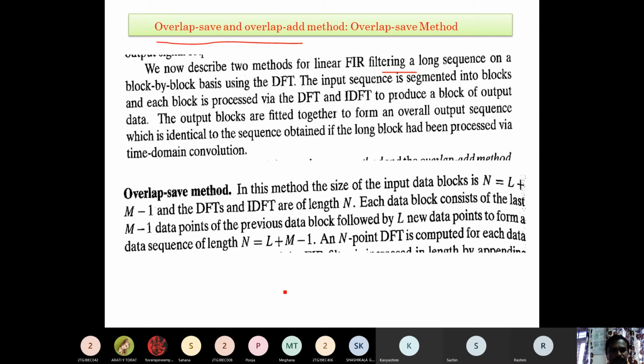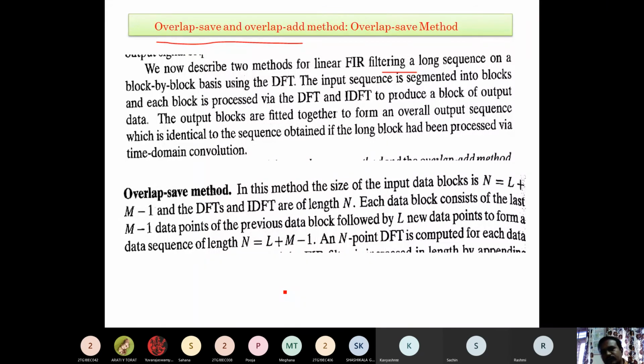So what we do is split the given signal. If it is 1000 long, I decide how many segments I need: 5 parts, 10 parts or 20 parts. Segmentation happens, and each segment is calculated with DFT and IDFT.